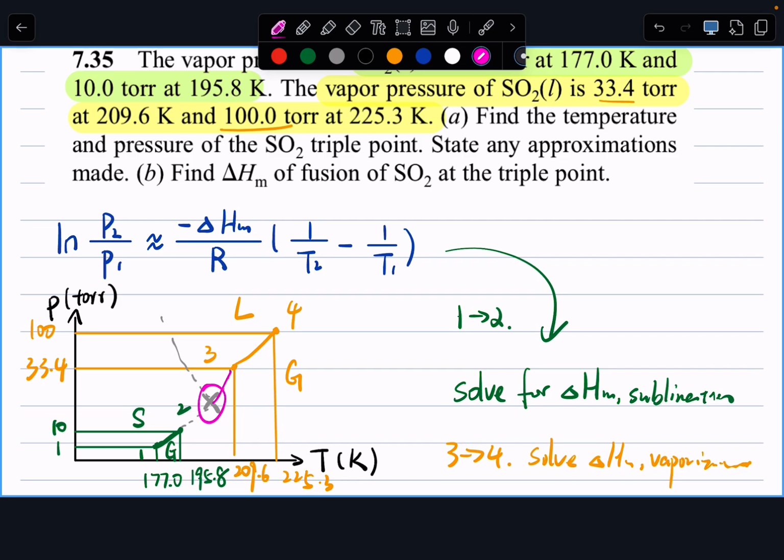If we know delta HM of vaporization and we know point 3, we'll be able to set up an equation with two unknowns, the T triple and P triple for X. Likewise, going backwards, between X and 2, you have an equation with T triple and P triple unknown, and you have T2 and P2 known, also with the delta H of sublimation. By setting up these two equations, we'll be able to solve for that triple point.